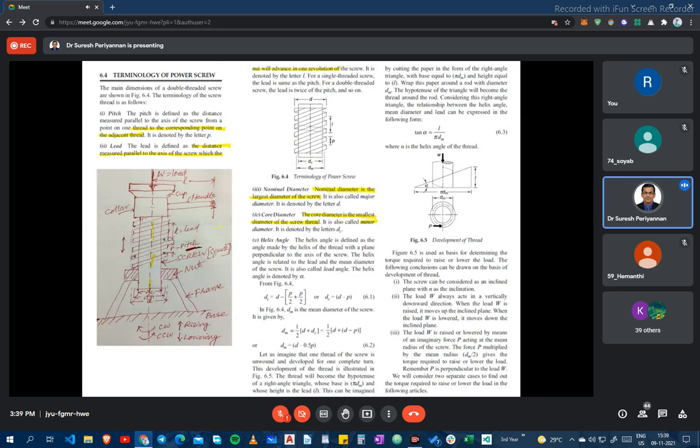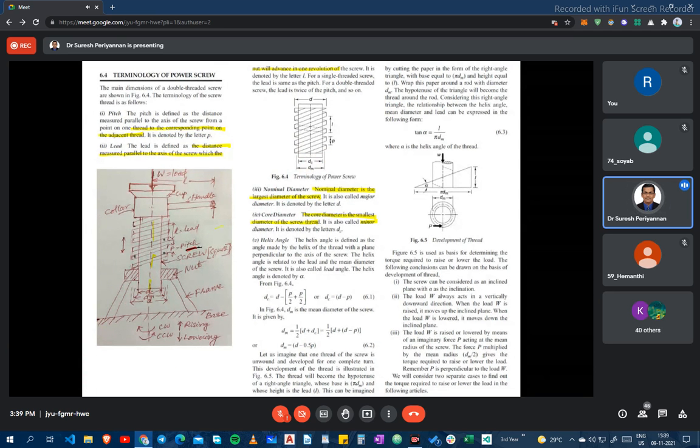We are going to discuss later the torque requirement while raising the load, with respect to alpha, the helix angle, and friction angle. Those things we are going to discuss later.